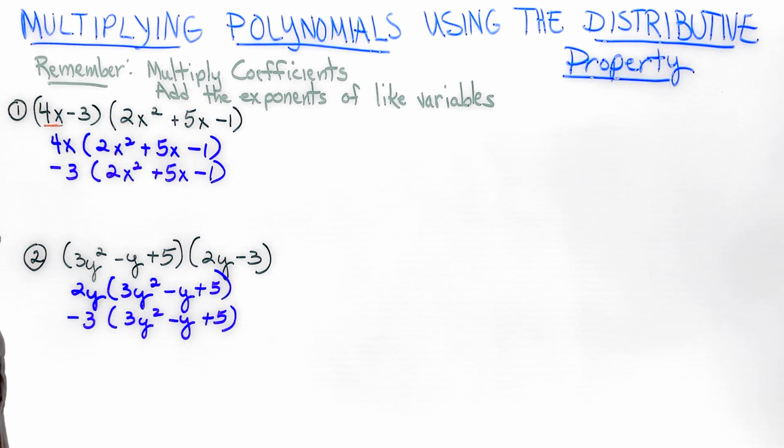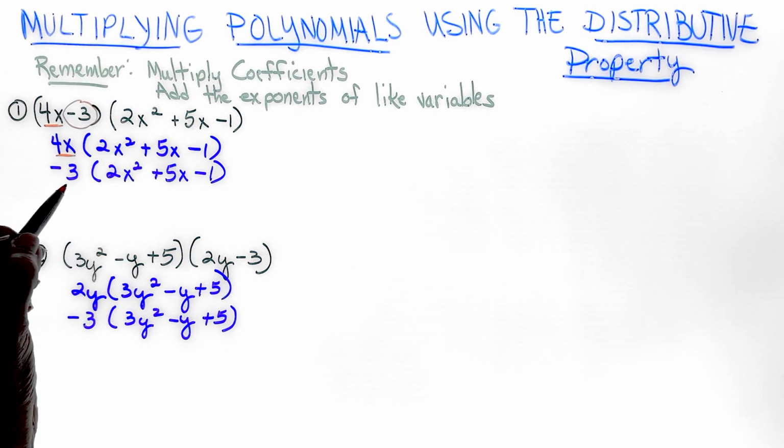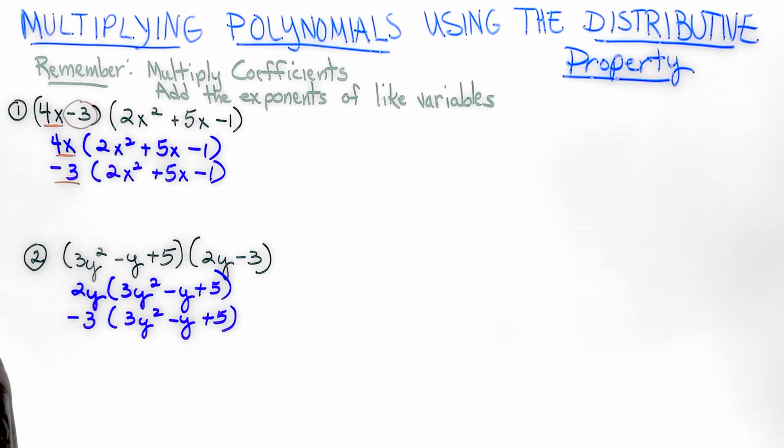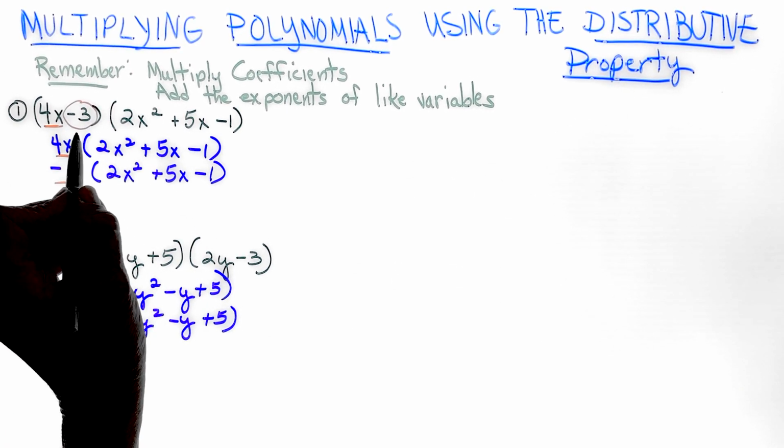I took the 4x, and then I captured the sign in front of the 3, and I wrote negative 3. What we will be doing is using the distributive property to multiply each one of these, and then we will have to add together the 2 polynomials that we get. So let's go ahead and do our multiplication.